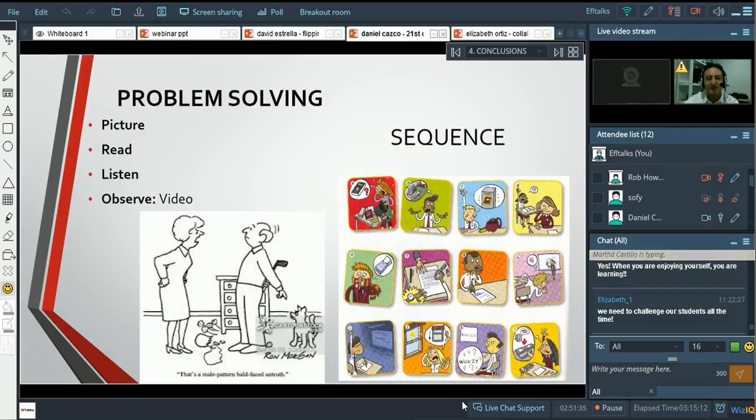And this is something that I like to do, for example, in my classes. Using pictures, short paragraphs of reading, listening, or watching or observing videos, I challenge my students to resolve problems. And there you go, you have a picture here that I always like to present to my students.